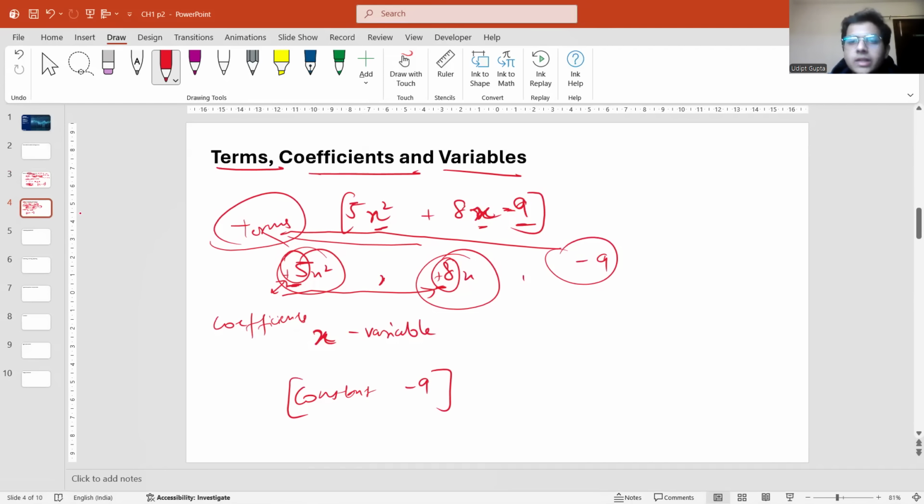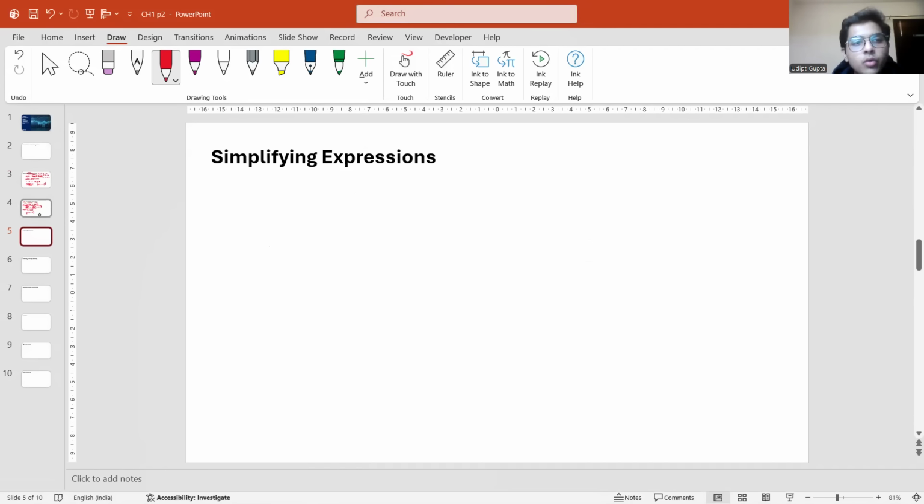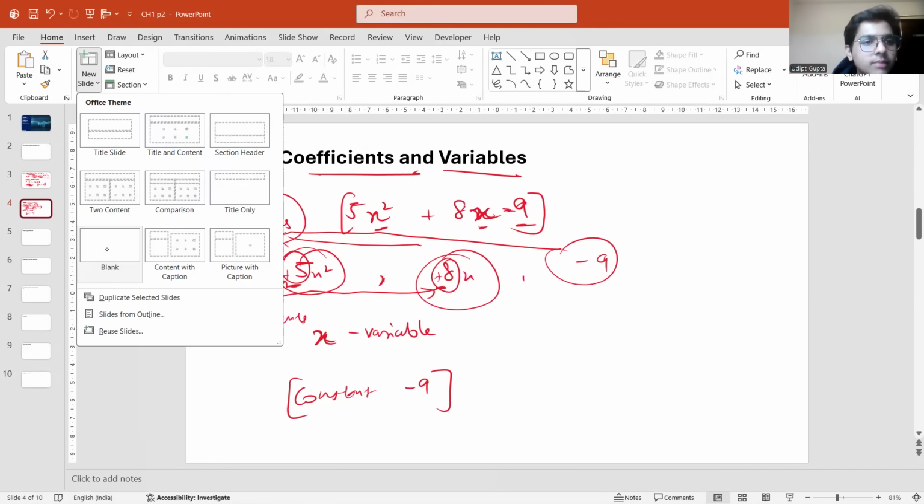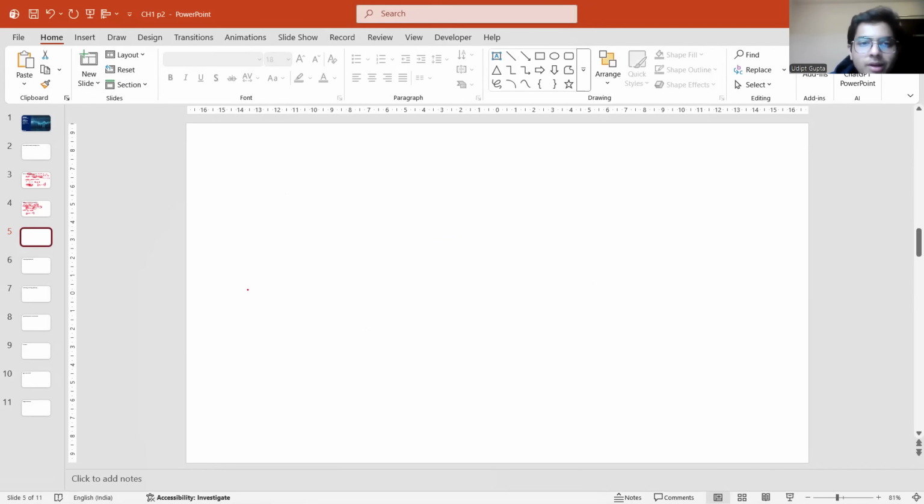Now, what is an equation? What is an algebraic equation, and what are these expressions? So when an expression is written as it is, there is no equality sign.